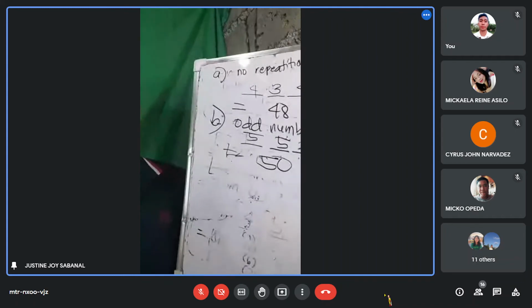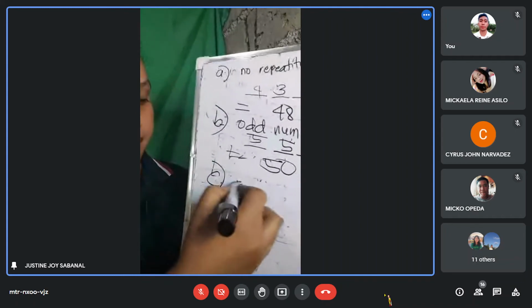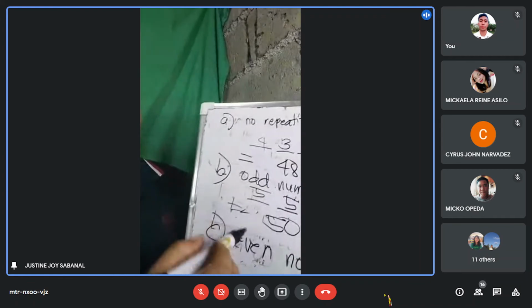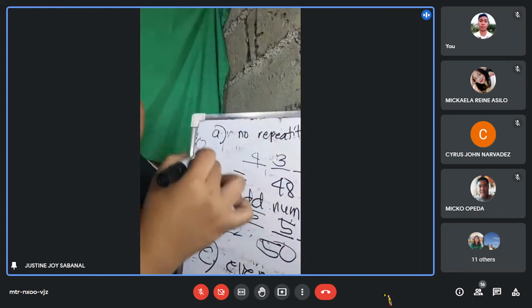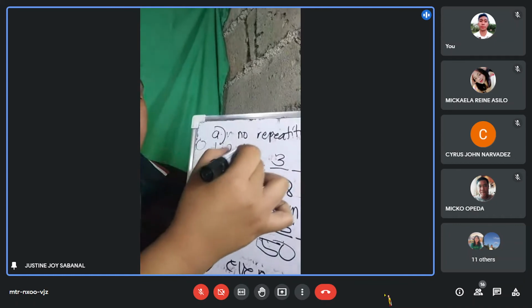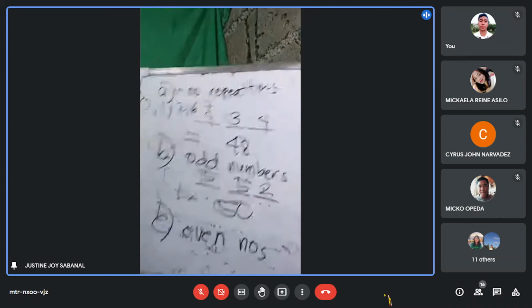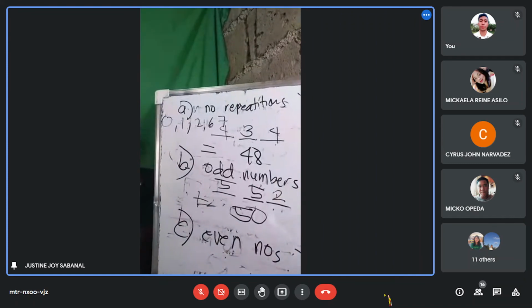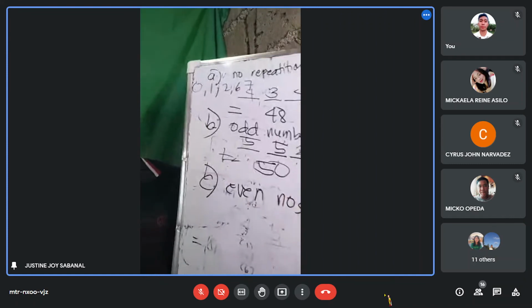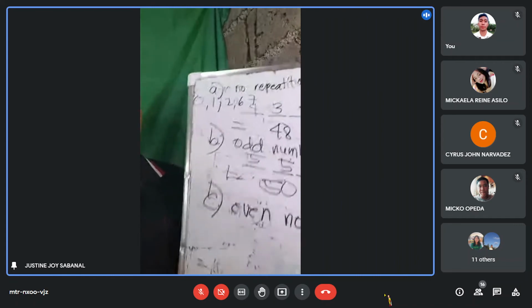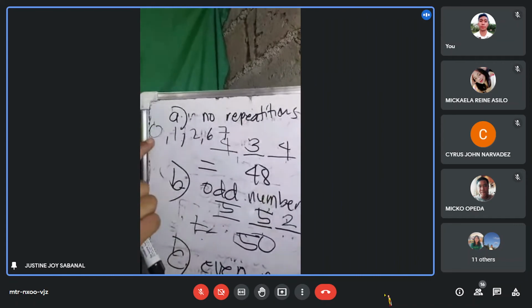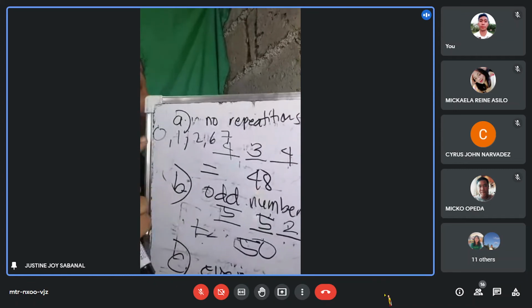So, consider natin. Yung ating value ay 0, 1, 2, 6, 7. So, dito, meron tayong tatlong even number. Right? Kaso lang, ang dapat na way mo dyan, iba kasi yung aspect ng 0. So, in reality, ang 0 can't be classified as even or odd.